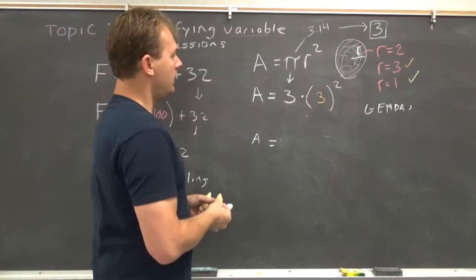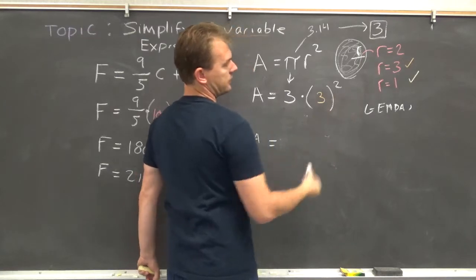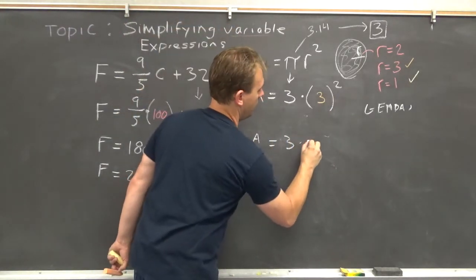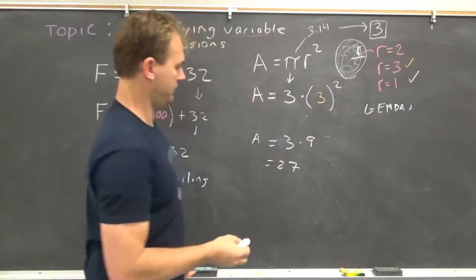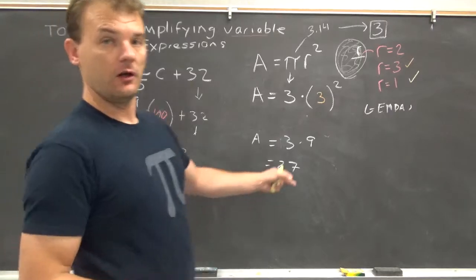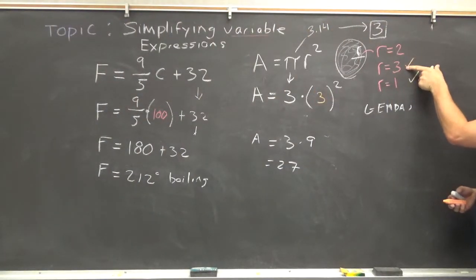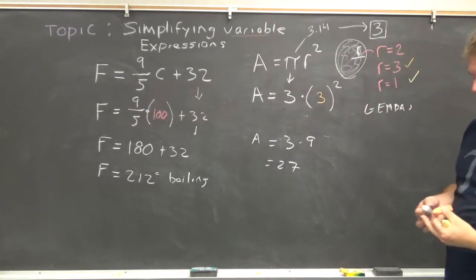So now we're going to go 3 times 3. 3 times 3 is 9. So you got 27. So for an input of 3 into our equation, you get 27.